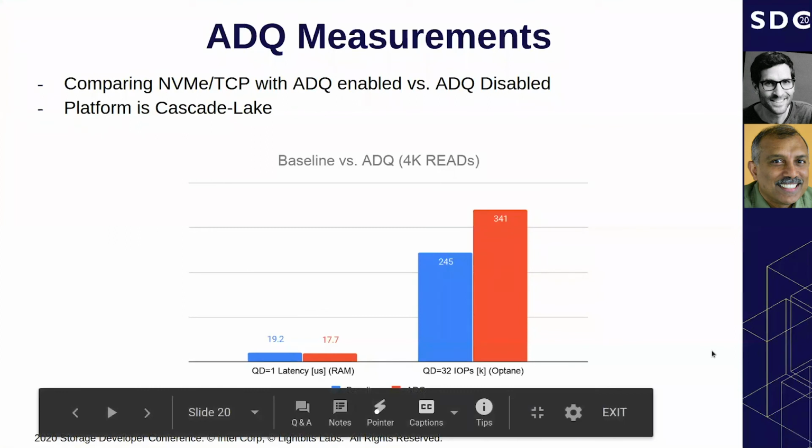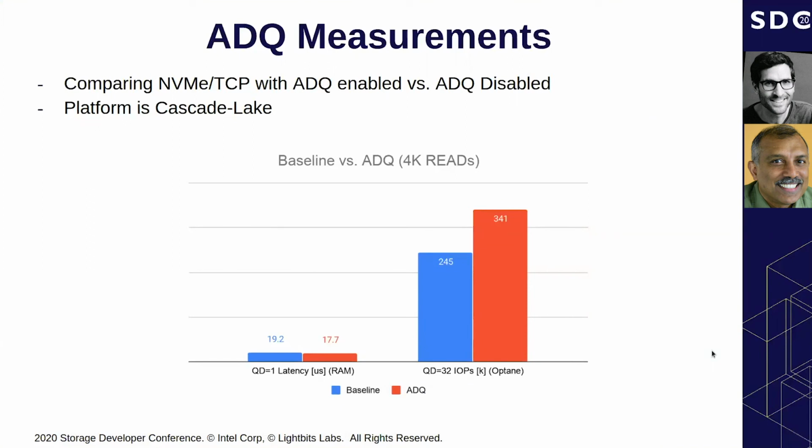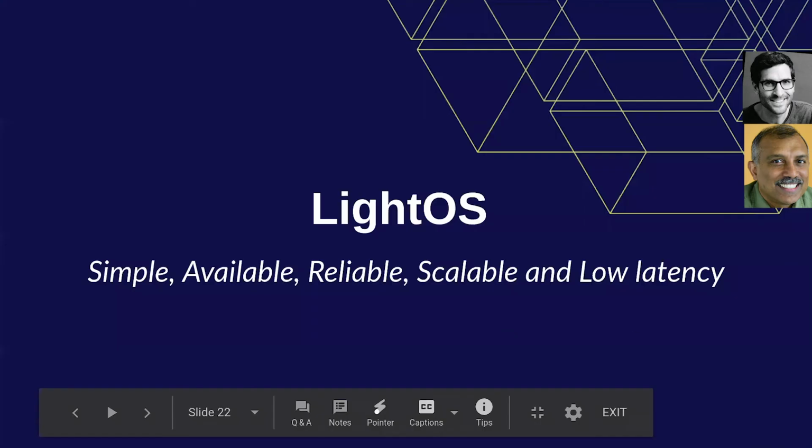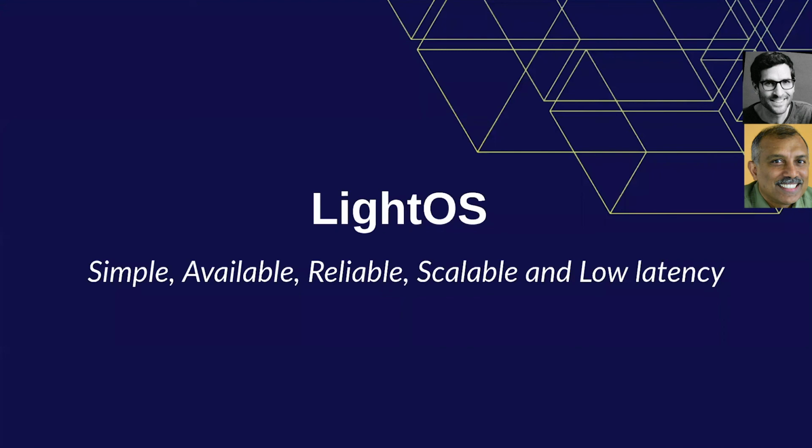So that is basically the kernel-based implementation, just by turning on ADQ versus not. That's correct. So with that, Sagi is going to take you through a description of the LightOS target and some performance measurements against that target with a kernel ADQ enabled host.